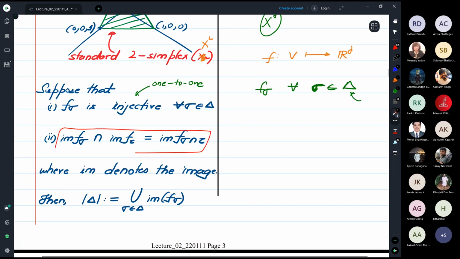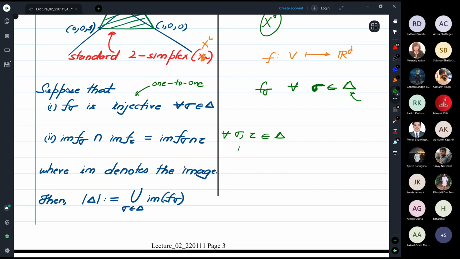Let me first read it and then I'll explain it. On the left hand side, you have the image of f sigma intersection with the image of f tau. This intersection must equal the image of f of sigma intersection tau. And this should hold true for all sigma, tau in delta.